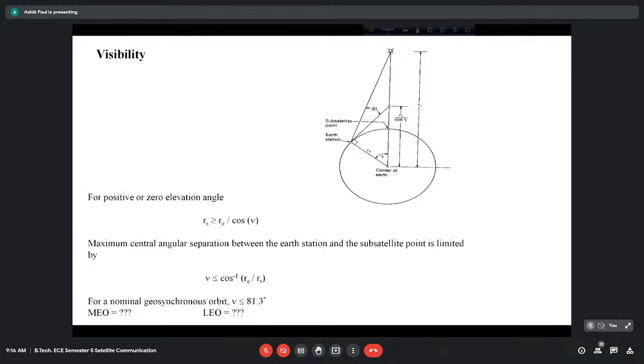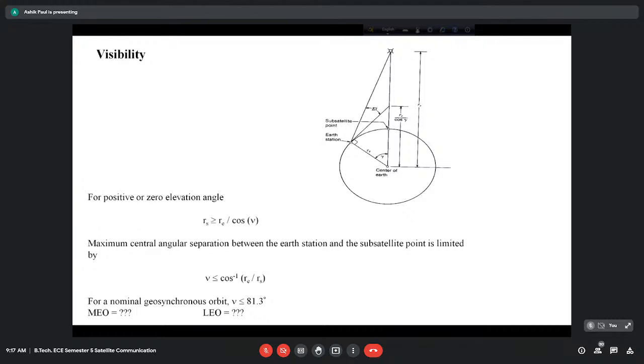Now, if you quickly put the value of Re and Rs, you know the value of the radius of the Earth and you know the value of Rs for a nominal geosynchronous orbit. If you put those values, you will get a corresponding value of gamma, the central angle, as less than or equal to 81.3.